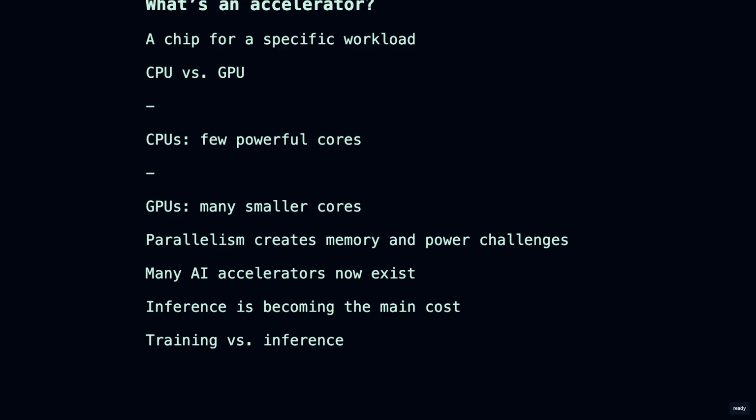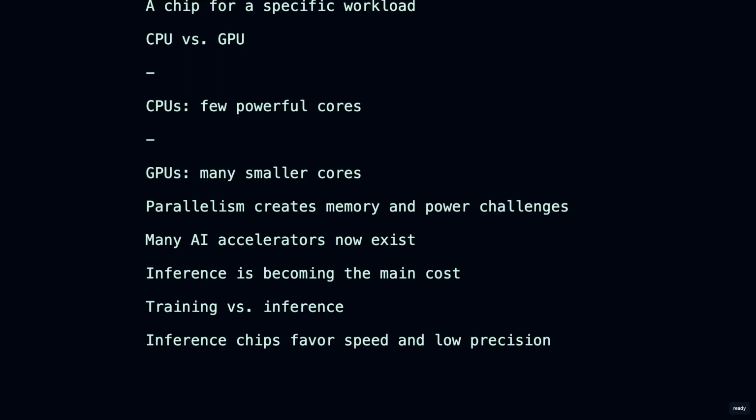Inference is different. The goal is low latency and efficient response time. That is why inference accelerators often emphasize fast memory access and lower precision.